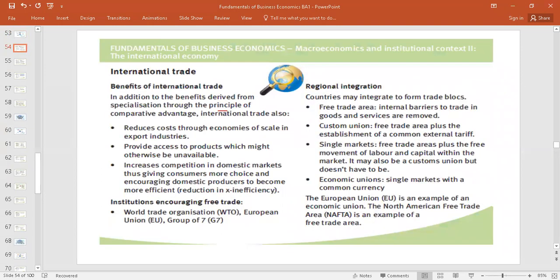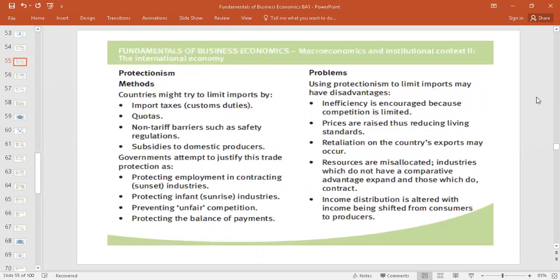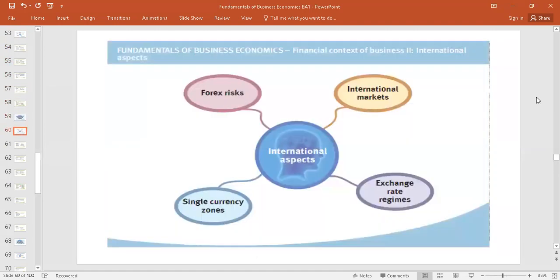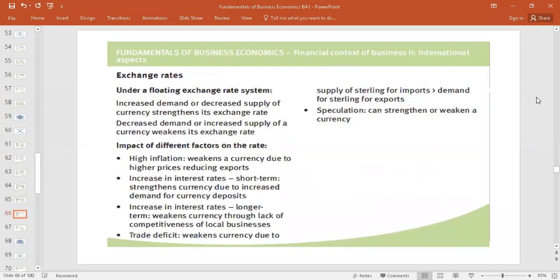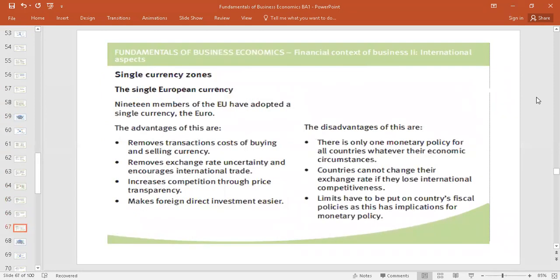What is EU? The term EU is about European Union. Multiple countries in Europe have considered this single currency. The currency is named euro. So all of them have the same currency. 19 members of the European Union have adopted a single currency, the euro.